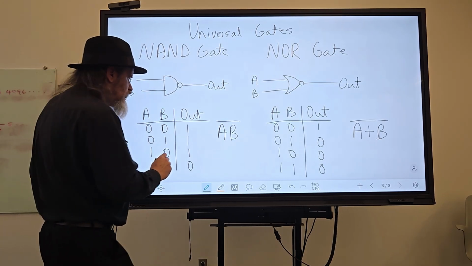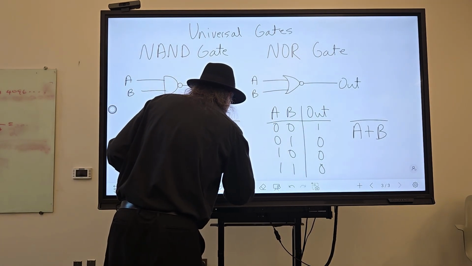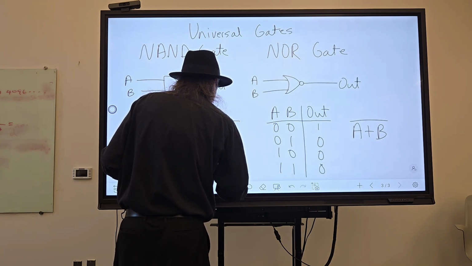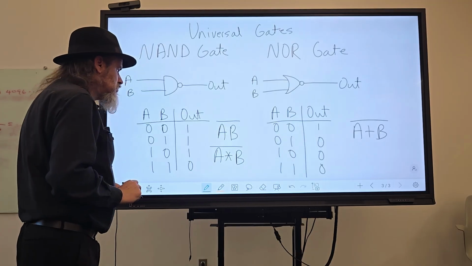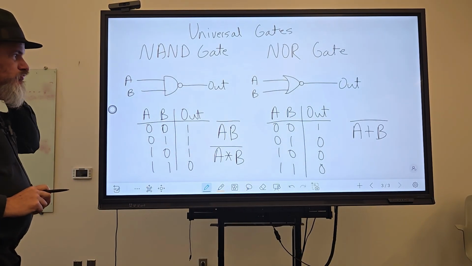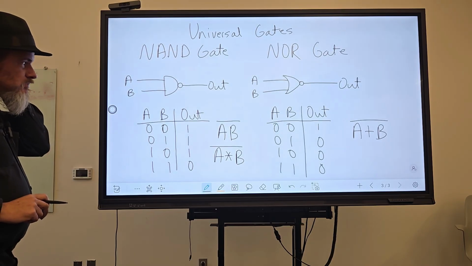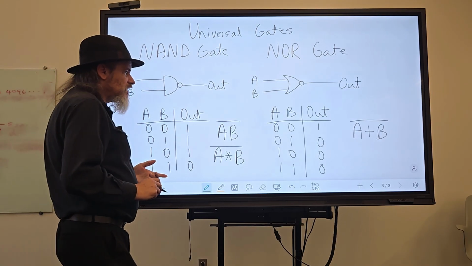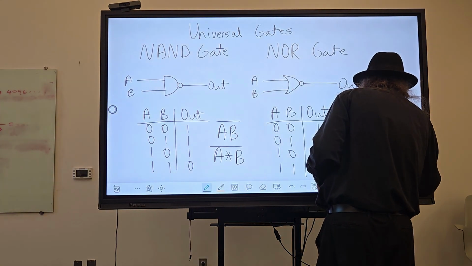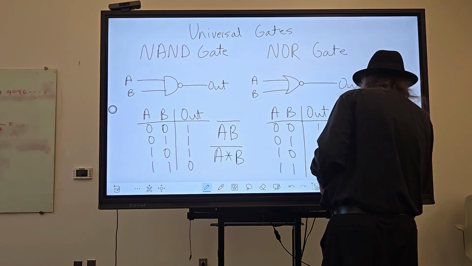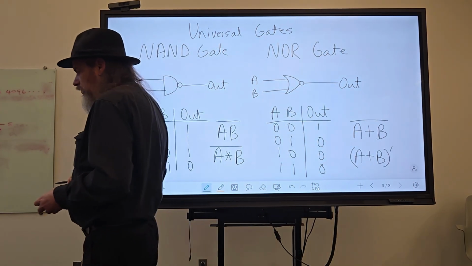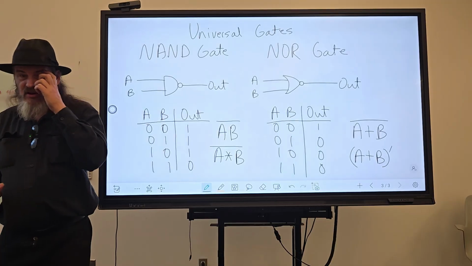Or you can do A star B bar, or put parentheses around them like this, and with the apostrophe indicating that it's inverted.